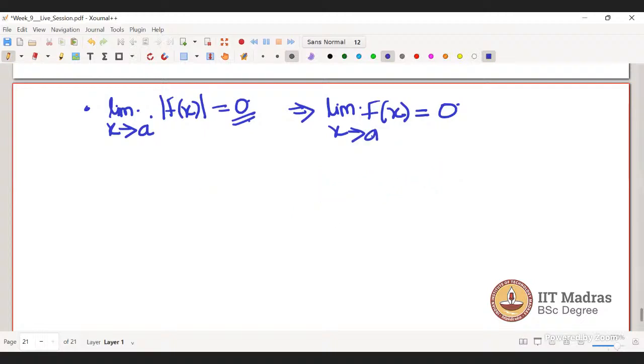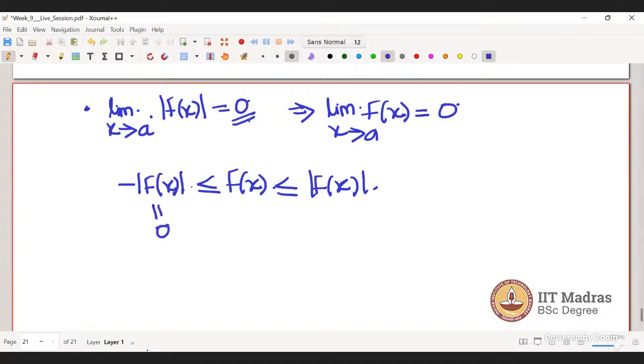Okay, probably you can use the sandwich theorem to prove these things. Let's say mod of f of x is certainly less than mod of x, which is greater than minus mod of x. If you apply the limit, this is 0 and this is 0, so the middle one is 0.